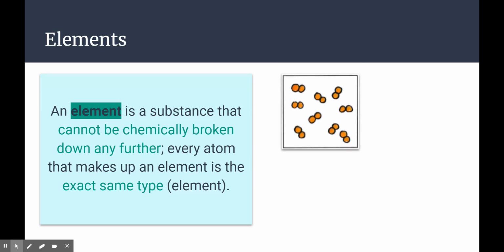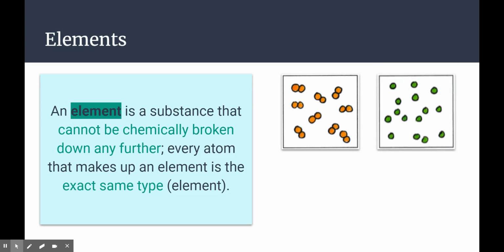You'll notice in this diagram that every single atom here is a yellow atom. Let's say that represents oxygen. Because every single atom is oxygen, that makes it an element. Here's another example. Every single atom here is a green atom. We can say that that's carbon. Because every single individual particle is carbon, that means it's an element.